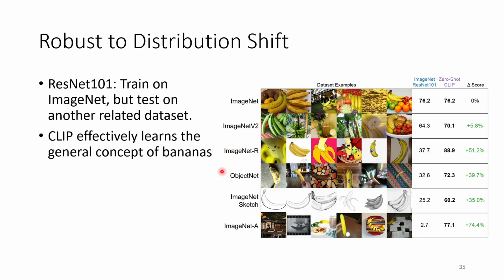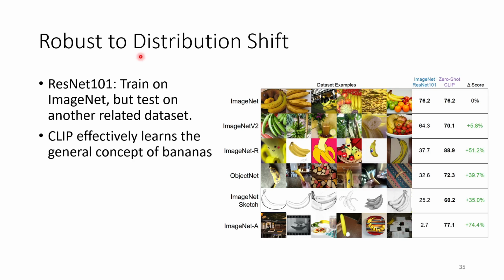If you find bananas in ImageNet Sketch, all of the images are sketches. And if you find bananas in ImageNet A, A means art. All of them are bananas, but they are artistic bananas. The concept for human beings is the same, they are bananas. But for images, the distributions are quite different.